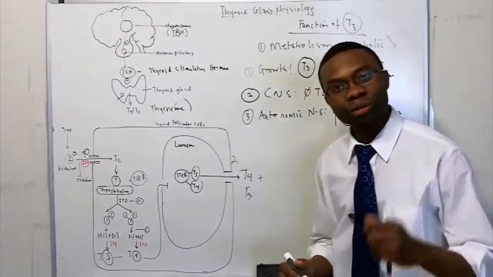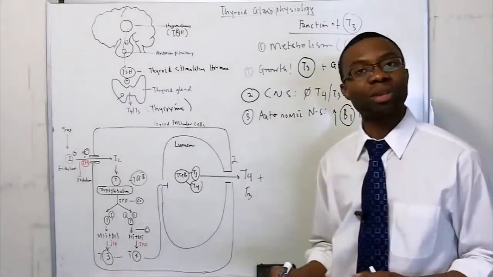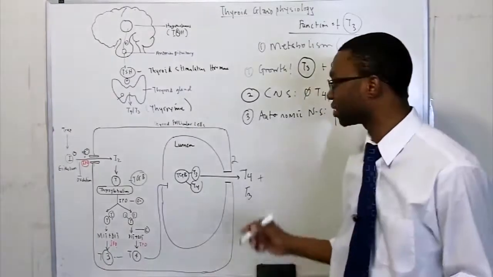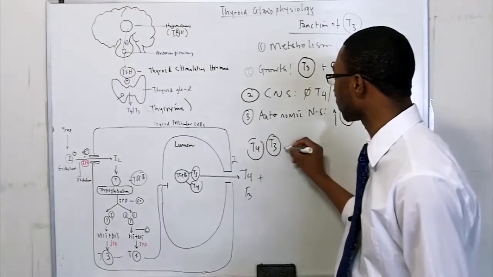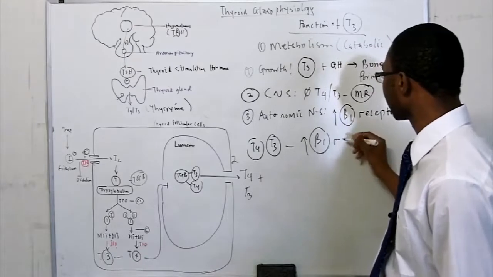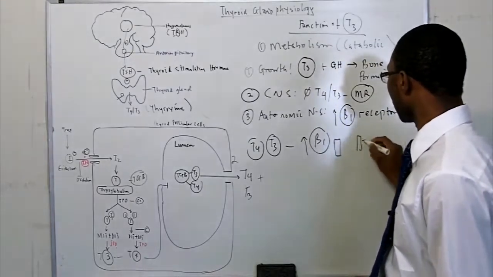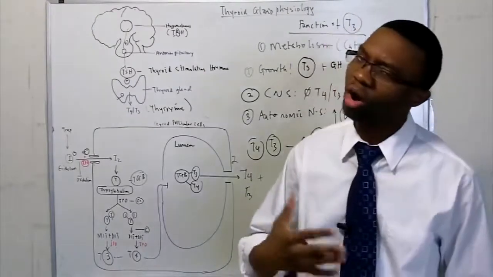That's why I'm going to talk quickly about pharmacology, why we use beta blockers when patients have hyperthyroidism. Because if you have too much T3 and T4 floating around, you increase the number of beta-1 receptors on the peripheral organs, then your blood pressure goes up, your heart rate goes up.